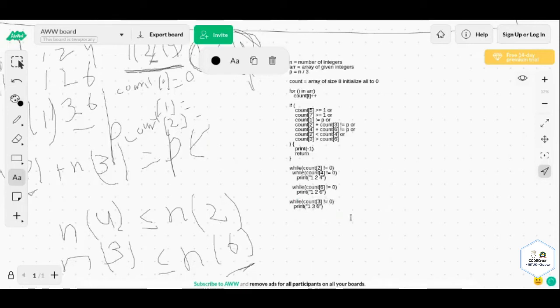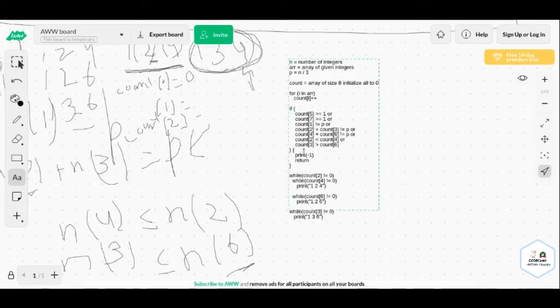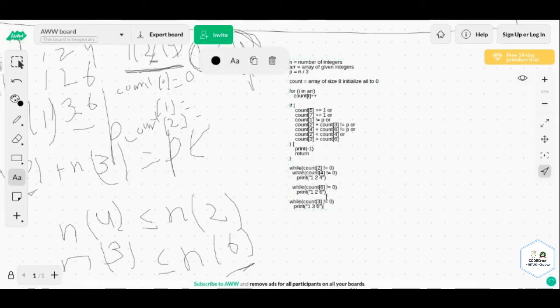And the above conditions will guarantee that this will be a valid solution. That is, we are printing 1, 3 and 6 and there is no case where 6 is missing. That will not happen in any case. These conditions will ensure that.